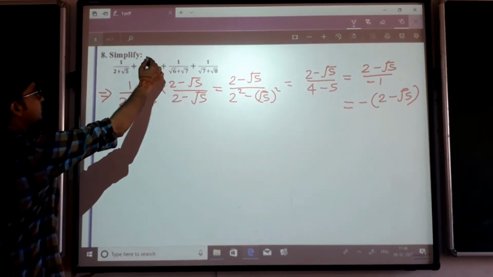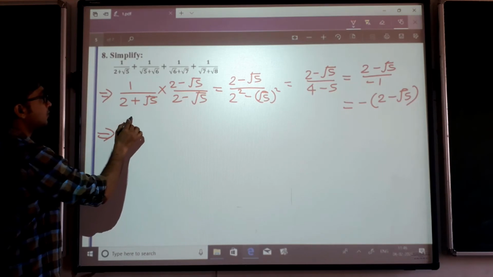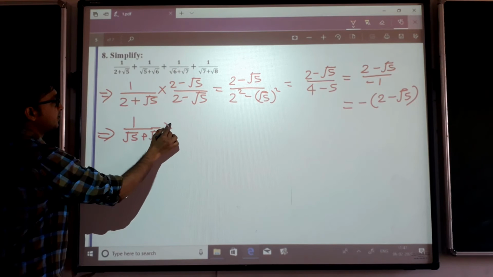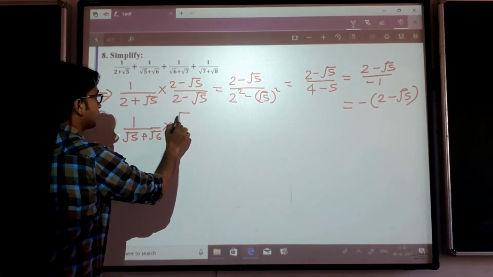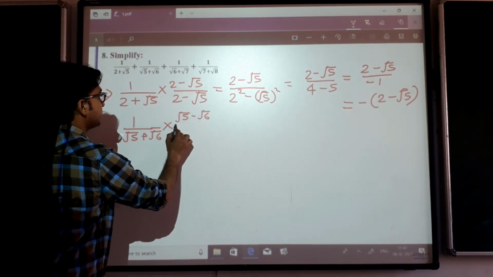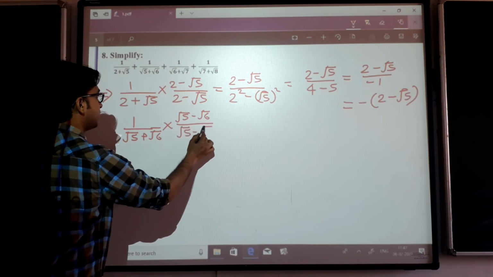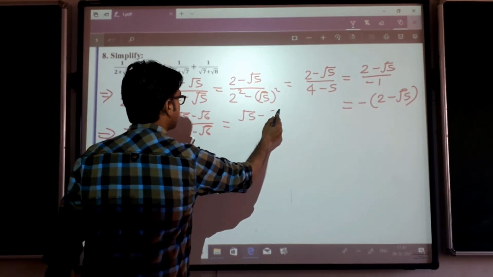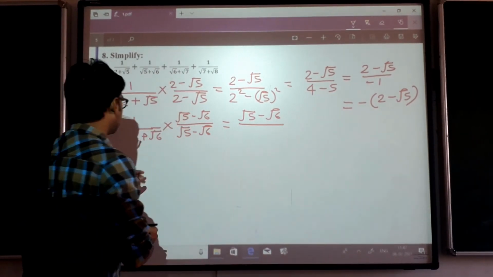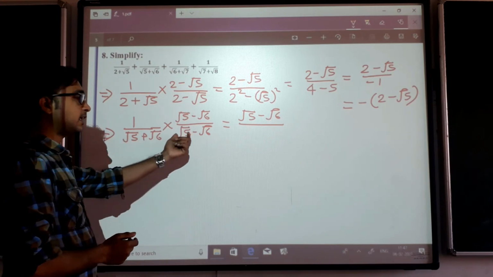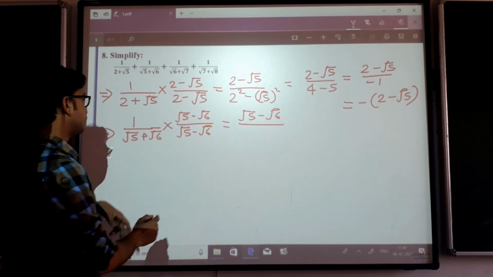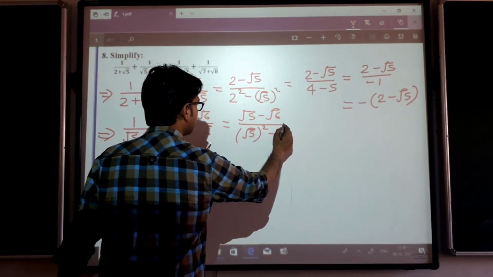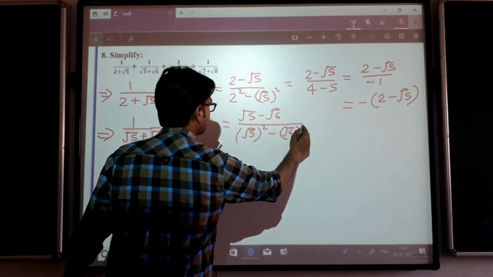Now in the same way find out this value. So 1 upon root 5 plus root 6. Simply multiply it with root 5 minus root 6 upon root 5 minus root 6. So we will get root 5 minus root 6 upon, we'll apply the identity (a plus b)(a minus b), so square root of 5 minus root 6 square.